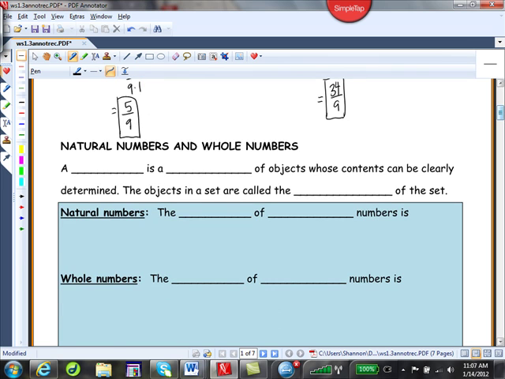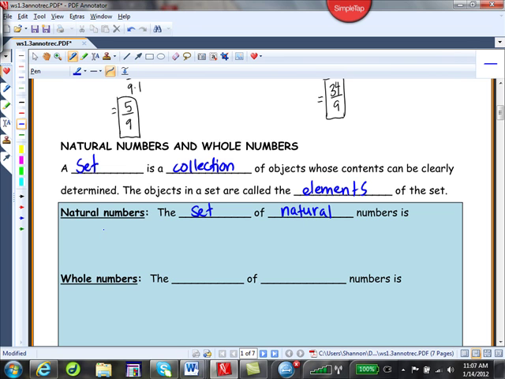Okay, so natural numbers and whole numbers. A set is a collection of objects whose contents can be clearly determined. The objects in a set are called the elements of the set. So here we go. Natural numbers. The set of natural numbers is.